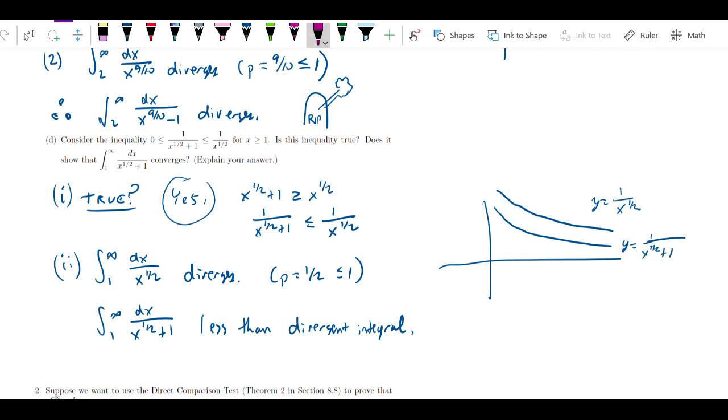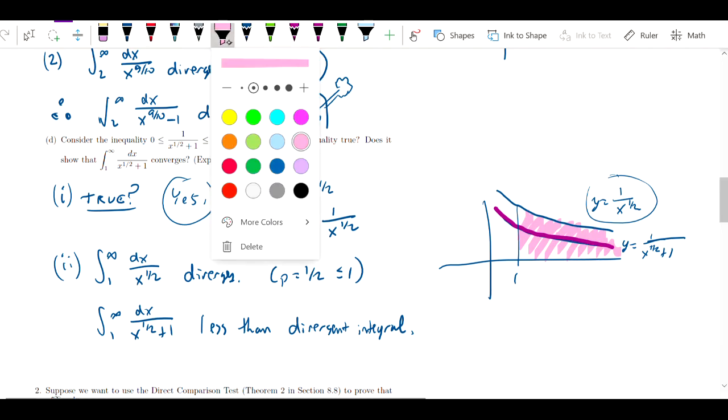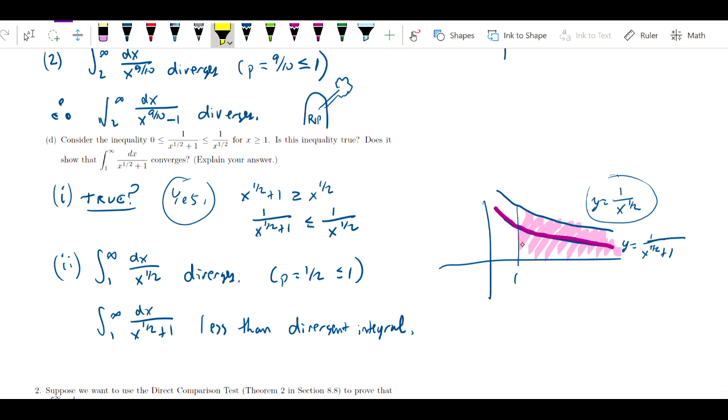So what I know is that if I were to integrate this function on the interval from 1 to infinity, I get infinity, right? In other words, this pink area here adds up to infinity. So the question is, what does this yellow area add up to? We know it's less than the pink area, but it could be infinity as well.